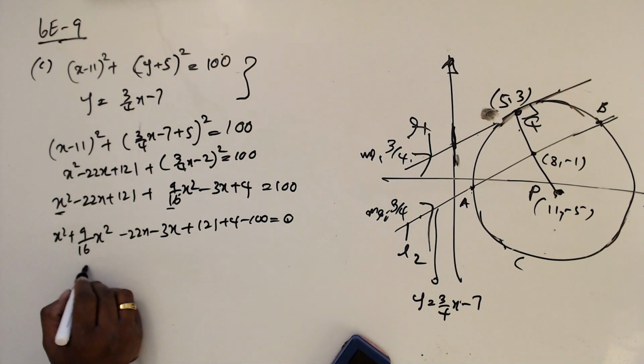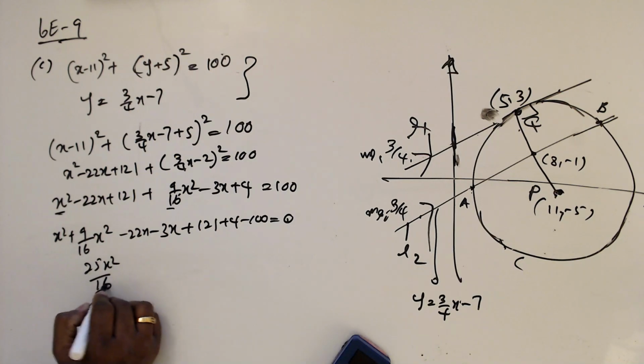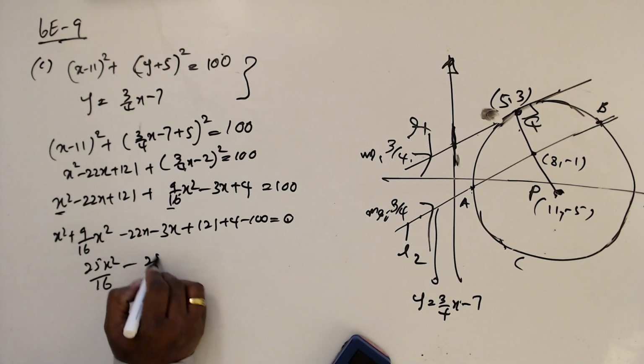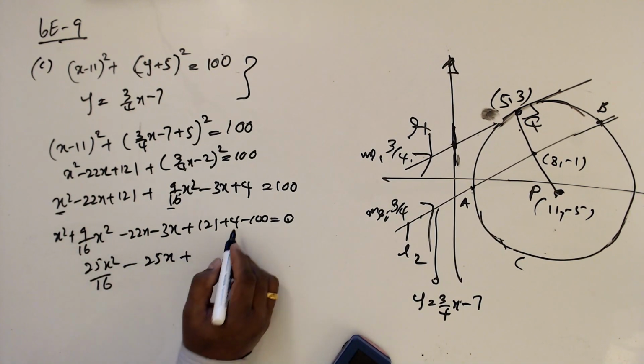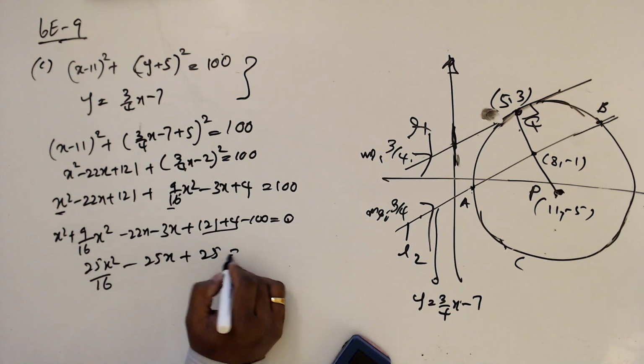This is going to be 25x²/16, this is going to be 25x, then this is going to be 125 minus 100, 25 equals 0.